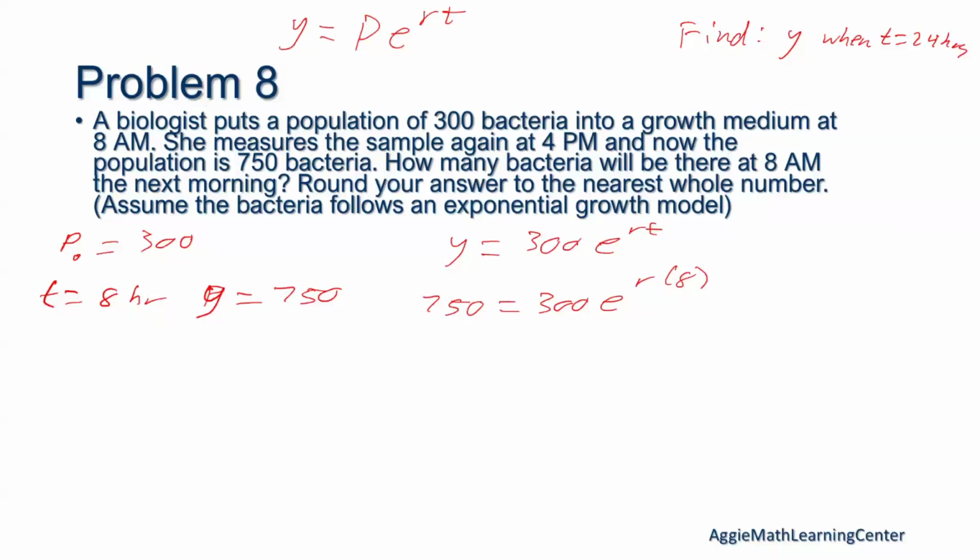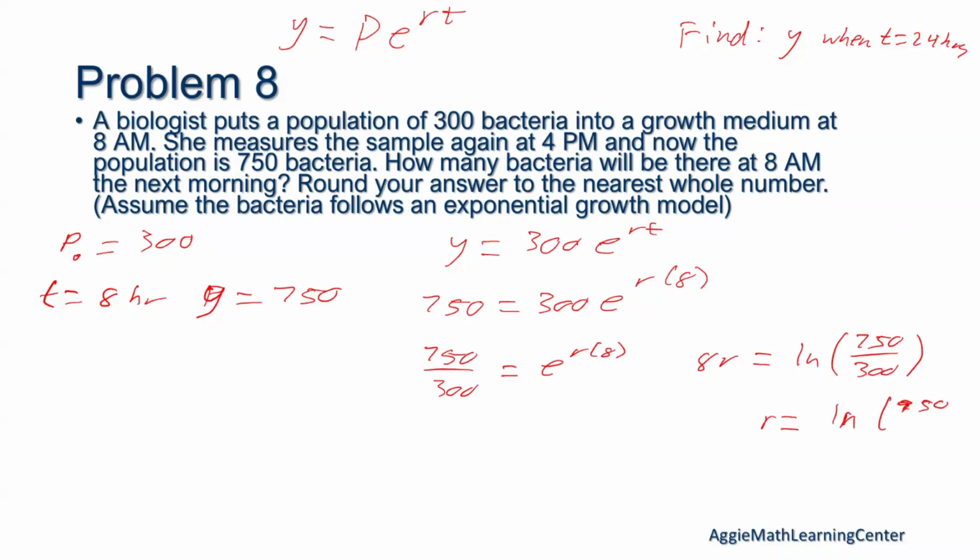From there, we can solve for r. So you divide by 300: 750 over 300 equals e to the r times 8. So 8r equals ln of 750 over 300. Then r equals ln of 750 over 300, all over 8.